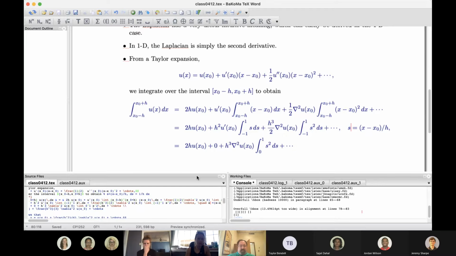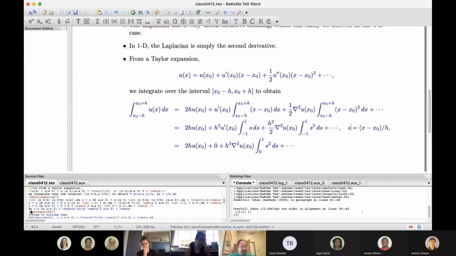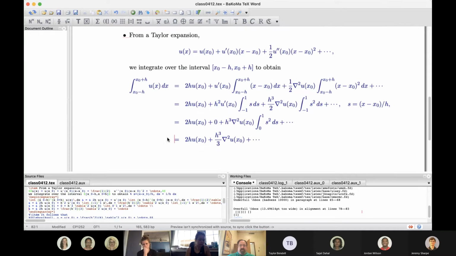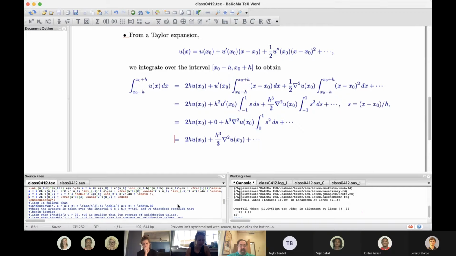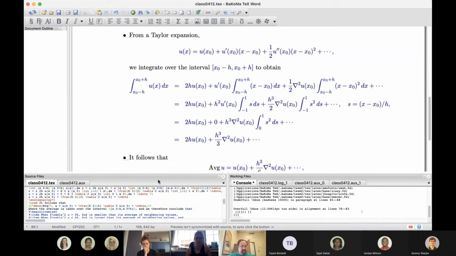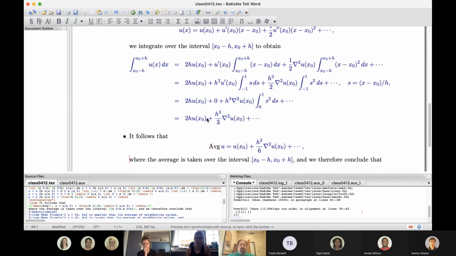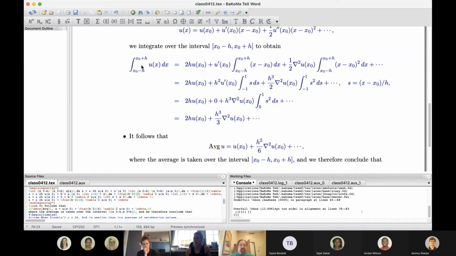So now I go ahead and integrate this. And I get the h cubed over 3 times the Laplacian at x naught. So now I've evaluated this as much as I can. And then I rearranged this. Because if I divide both sides by 2h, then this quantity here divided by 2h, that's the average value of u on this interval.